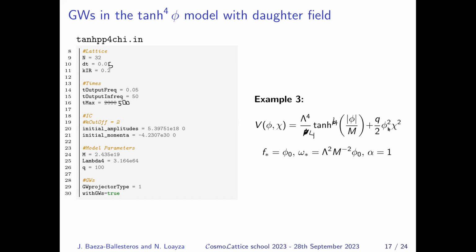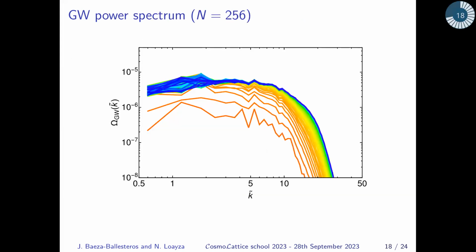So the initial instability band of the parametric resonance of the daughter field is the one that will first create the gravitational waves, and because it happens for a broader band, it doesn't happen for these small windows as in the case of phi to the 4 alone. That's why it creates this feature without the peaks.